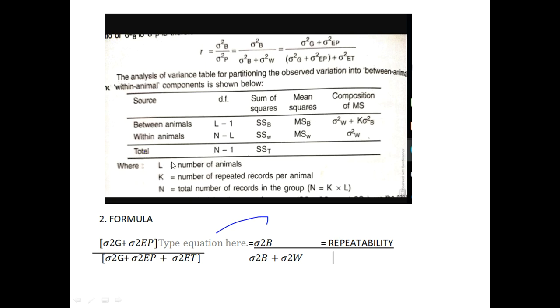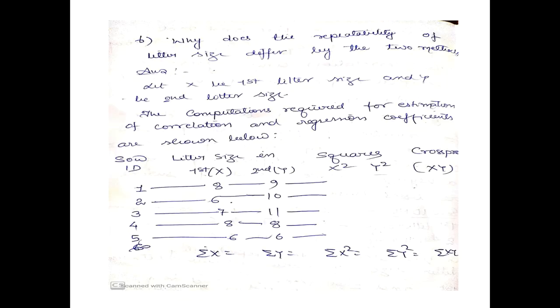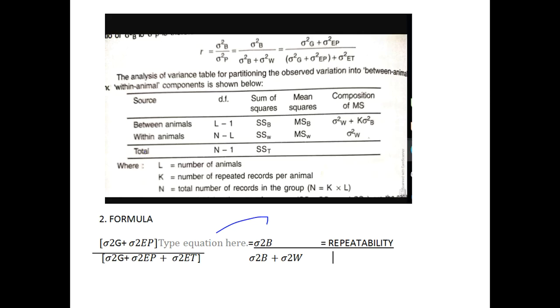L is the number of animals; in that we had a total of 5 sows. So L will be equal to 5, K will be equal to 2. And this is within animal records. N is the total number of records in the group, which is equal to K into L, which is 5 into 2, that is 10.